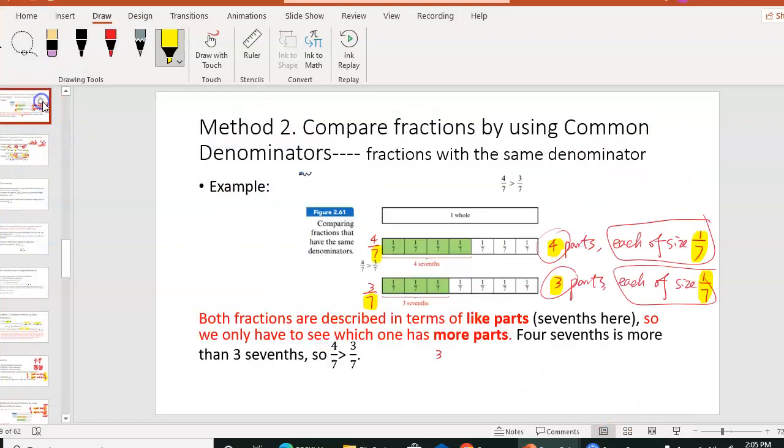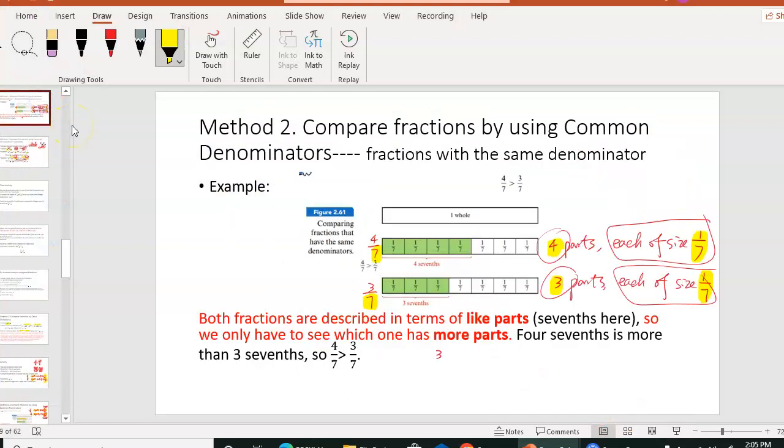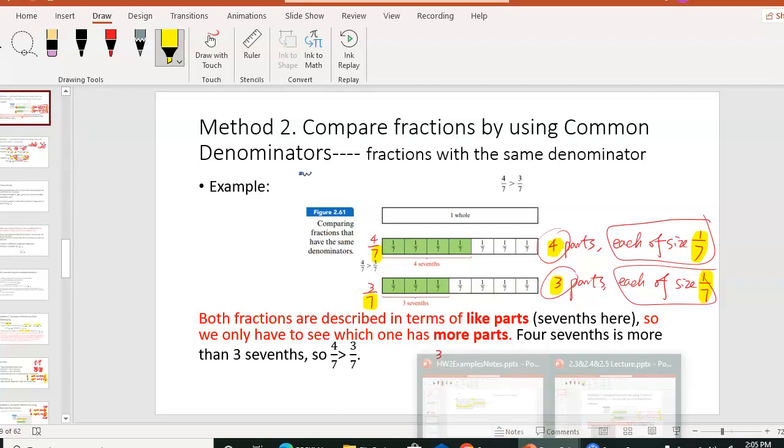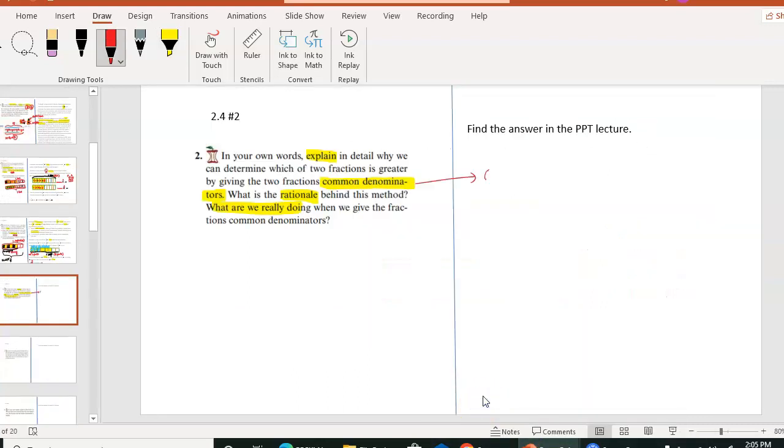So both fractions have like parts. If they have the same denominator, they both have like parts. Or if you want to, you can just say equal size parts, same size parts.